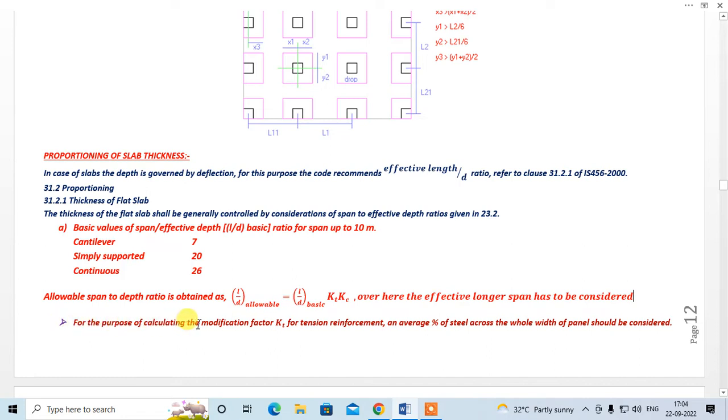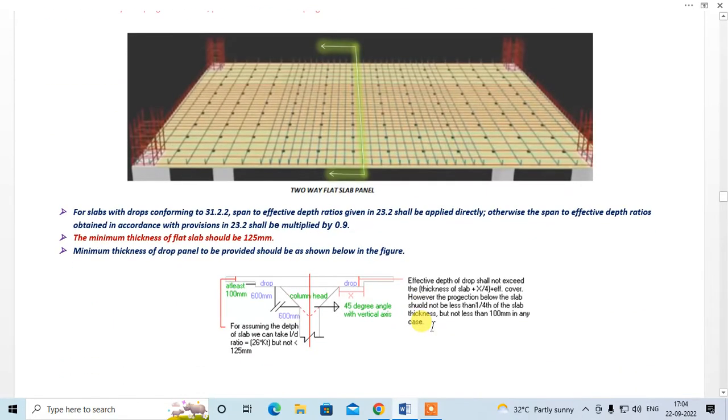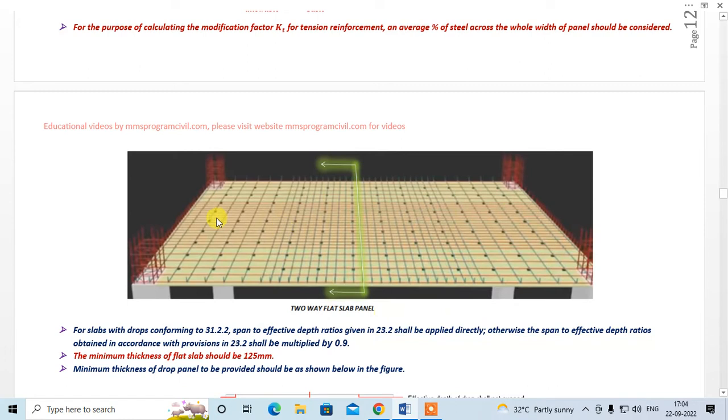For the purpose of calculating the modification factor Kt for tension reinforcement, an average percentage of steel across the whole panel should be taken. Okay, in case of a standard two-way slab, we take a 1 meter strip design, right? And we take the tensile steel in the 1 meter strip which we get. But in case of flat slab, you have to take the average percentage steel for the whole section.